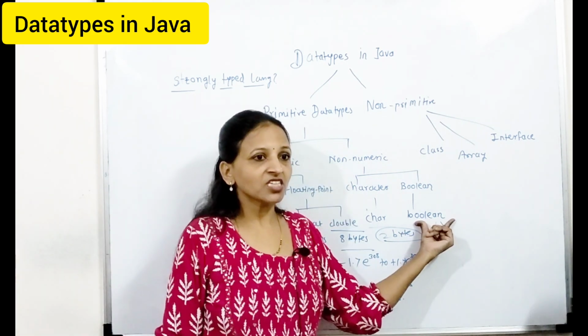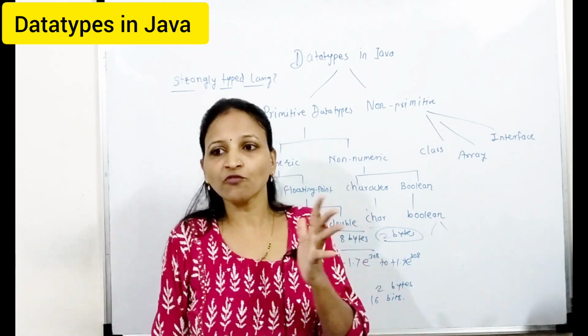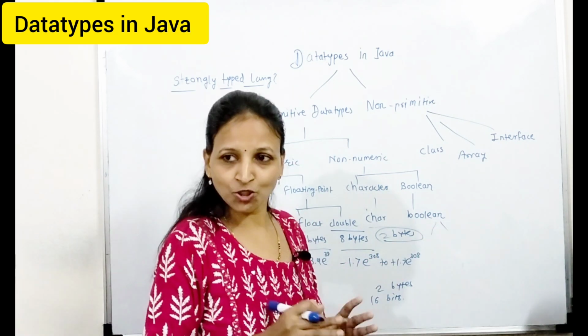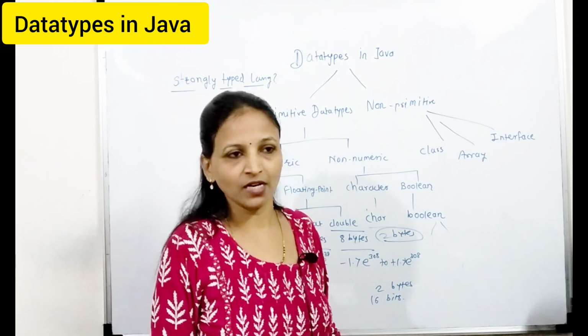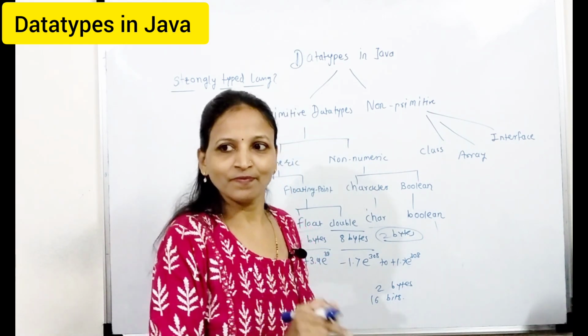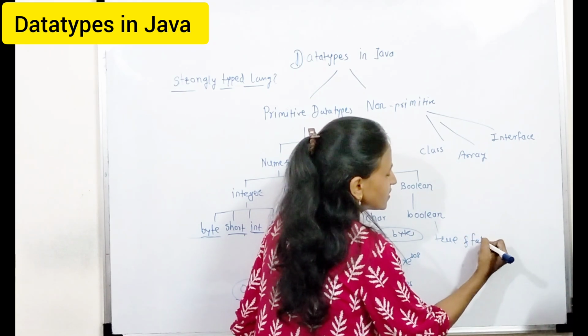If you mention the data type of a variable as boolean, then it can have either a true value or a false value. Here the range concept, the storage capability concept, is not applicable. True and false are defined by the language itself.